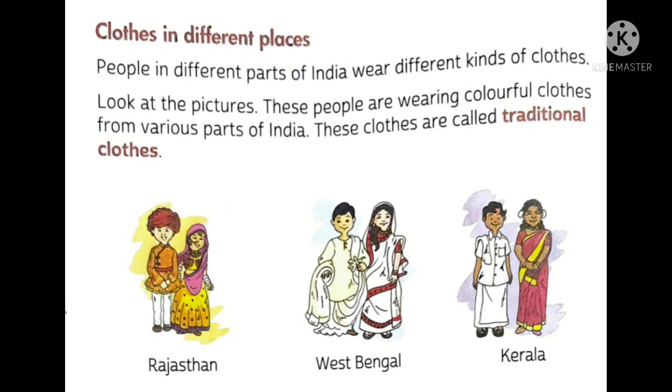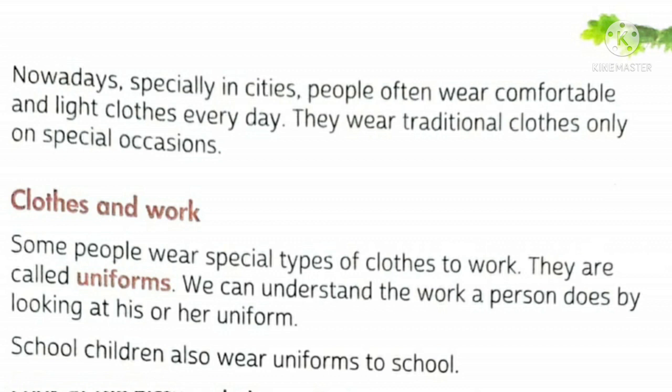We have different clothes for special occasions, and for normal days we wear comfortable clothes. We also studied, children, that at different workplaces people wear different clothes, like a doctor wears a proper uniform, a student wears a special uniform when going to school. So, different clothes are worn at different workplaces. They are known as uniforms.